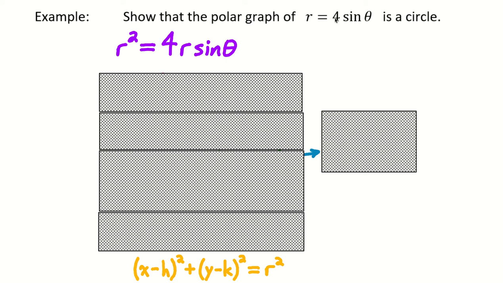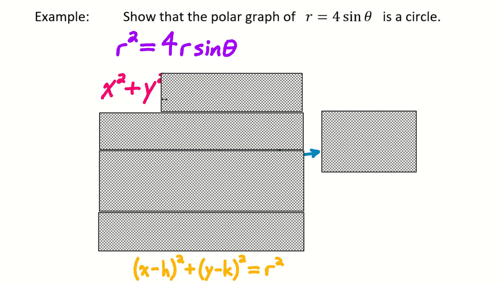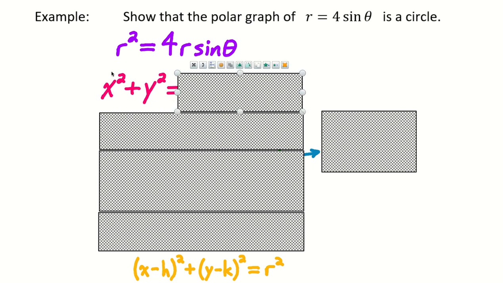In this situation, you would have had to multiply both sides by r to get the ball rolling. So what I did here was multiply both sides by r, and that way I can take this r squared and switch it out with what it's equivalent to in terms of x and y. See that?